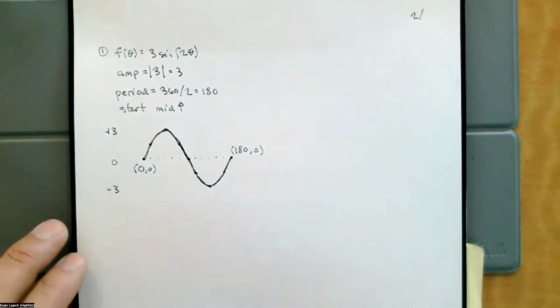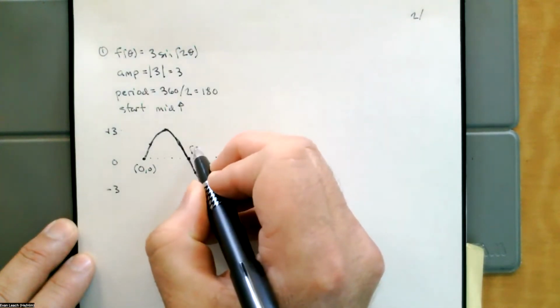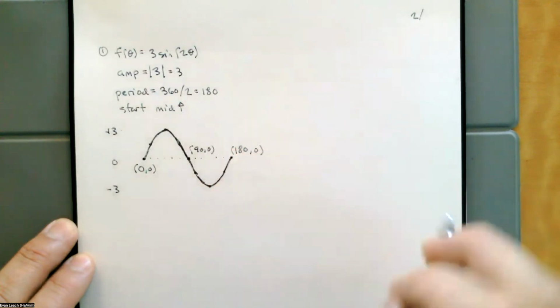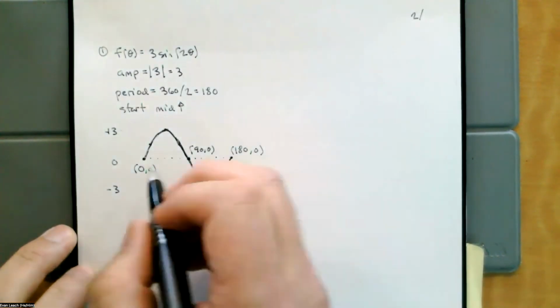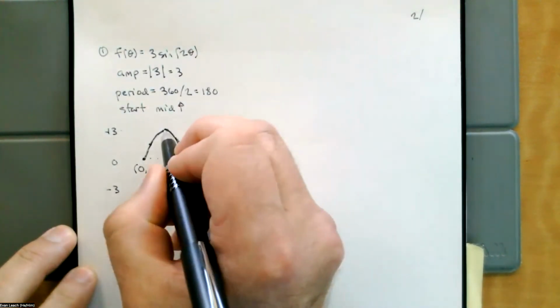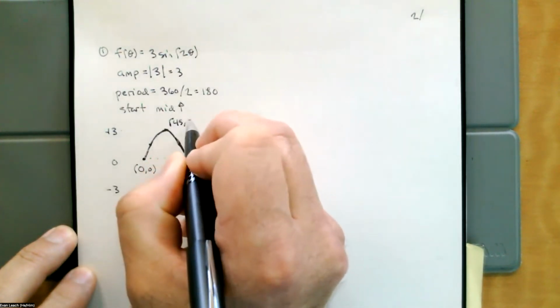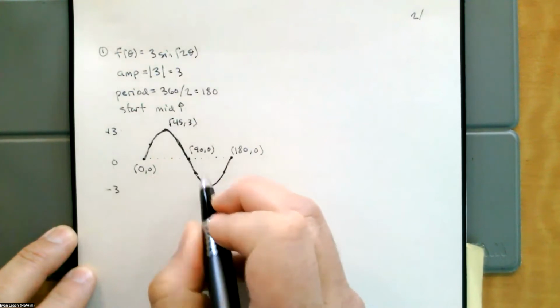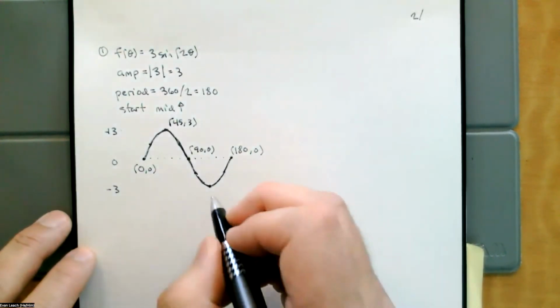Halfway, we're at the middle. So half of 180 is 90. So here at this point, we're at 90, 0. And then it's just halfway between these. A quarter of the period is halfway between 0 and 90, or 45. That's when we hit the top. And then halfway between 90 and 180 is at 135.